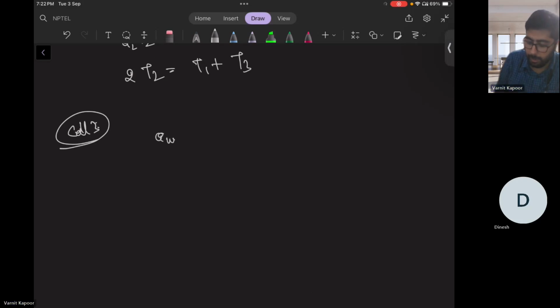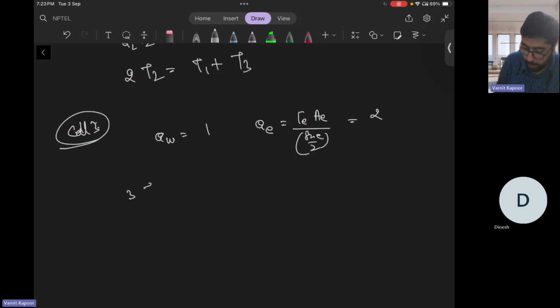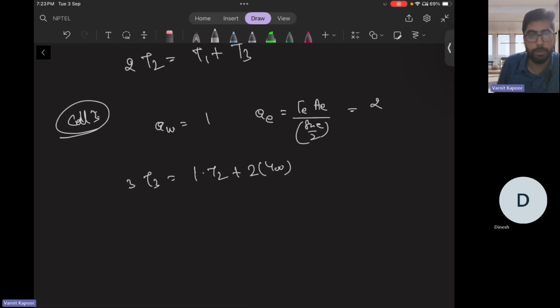Then again, A west will be 1, but A east will be how much? Gamma E upon del x e by 2, because that's a boundary node. That will be again 2. The equation will be 3T3 is equal to 1 T2 plus 2 into 400, that's a constant value of the temperature. So 3T3 is equal to T2 plus 800.